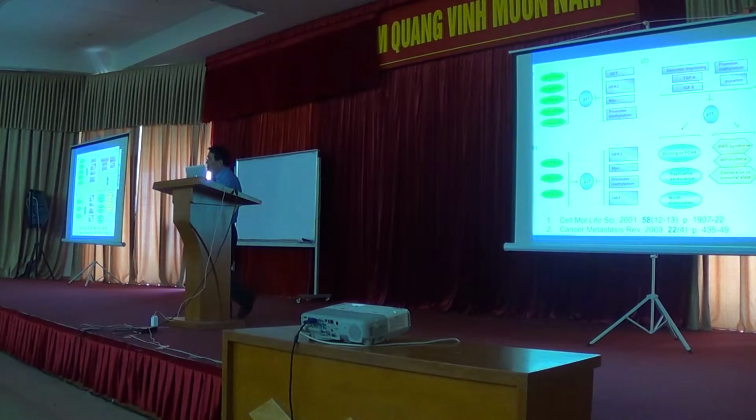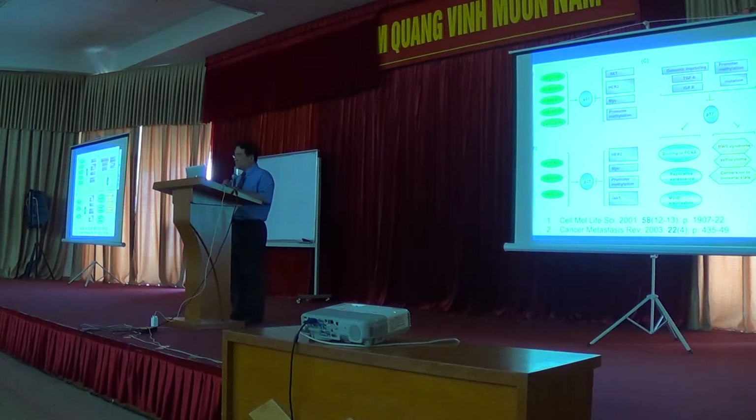And ER usually also has PR, progesterone receptor positive, PR positive. That's one group. The second group is HER2 positive. The third group is called triple negative cancer, meaning that this type of breast cancer does not have ER, PR, or HER2.